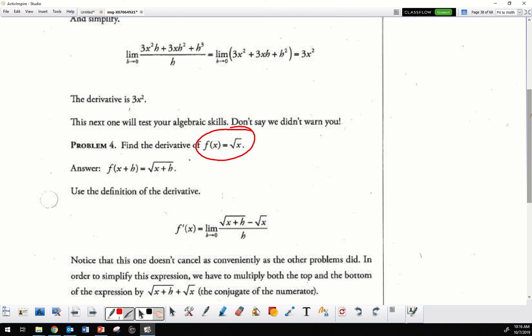I just write it as a fraction instead. It works out better. So we have x plus h to the 1/2. So every place I have an x, I put x plus h, minus f of x, which is just going to be x to the 1/2, all over h.